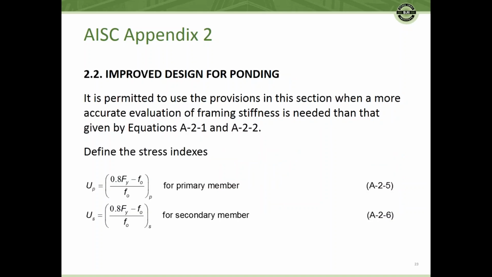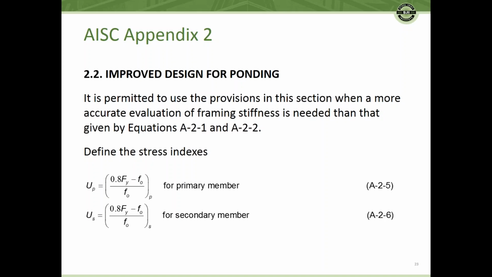The improved design method, you probably recall that you calculate these values of U, which are a function of the steel yield and the stress at incipient ponding. In other words, the stress, let's say, from impounded water, or the stress from full snow load.